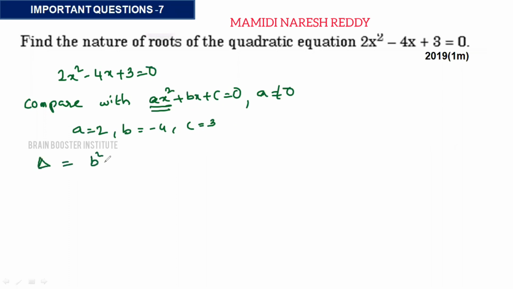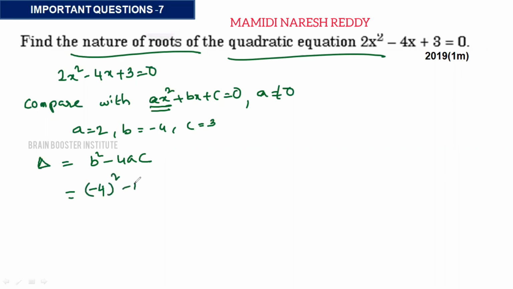Now let us find the discriminant, delta is equal to b square minus 4ac. I already told you in the first problem what the nature of the roots is based on the value of b square minus 4ac; you can rewind that. Substituting the values: minus 4 whole square minus 4 into 2 into 3.